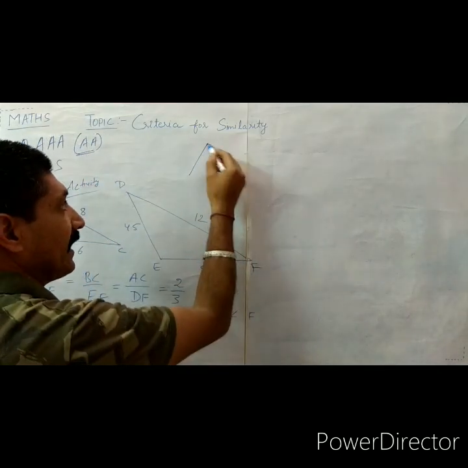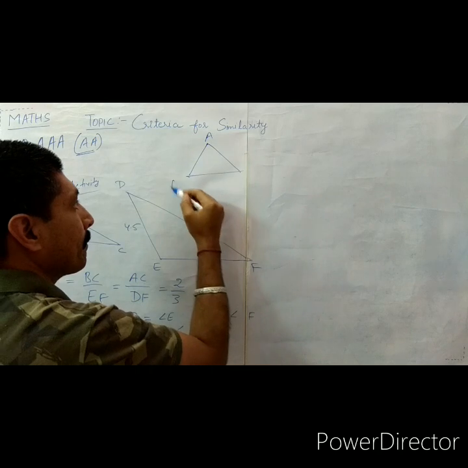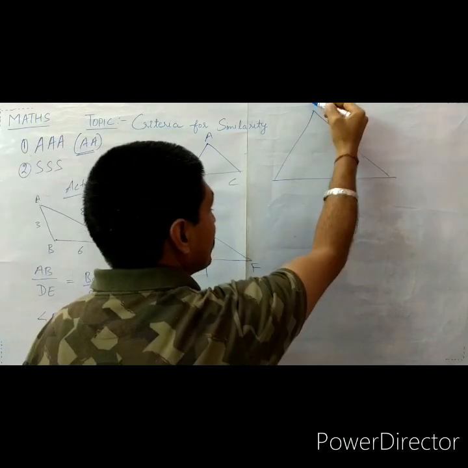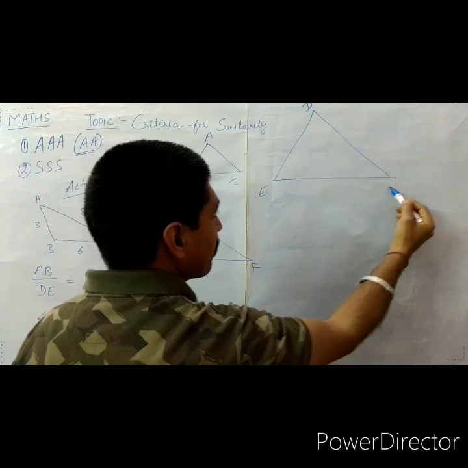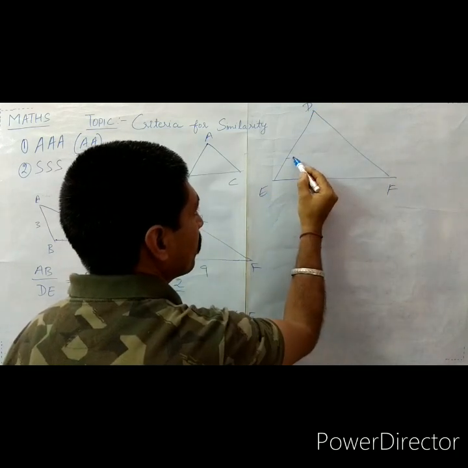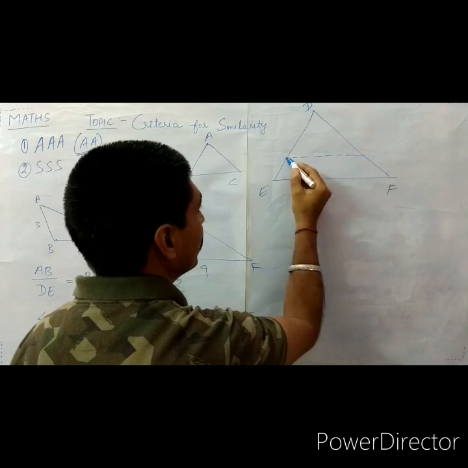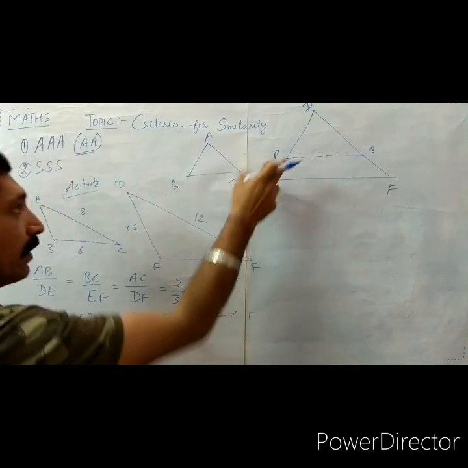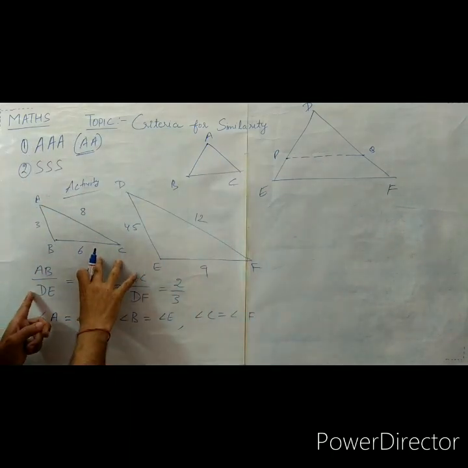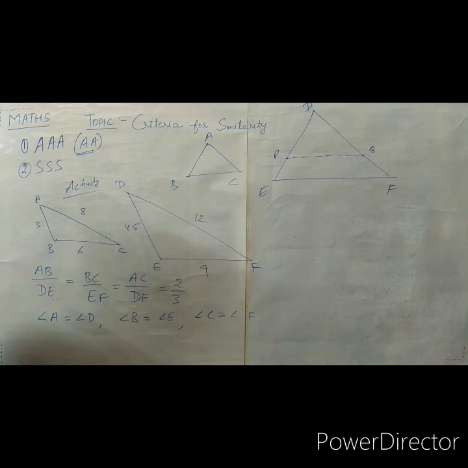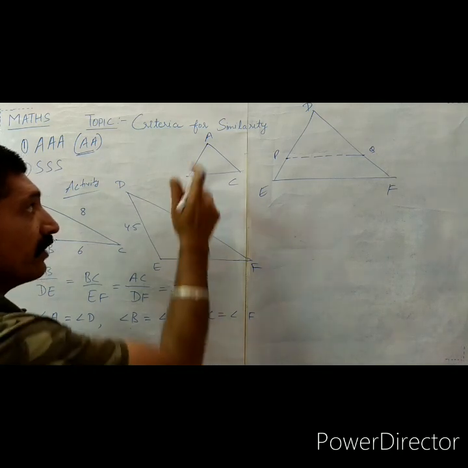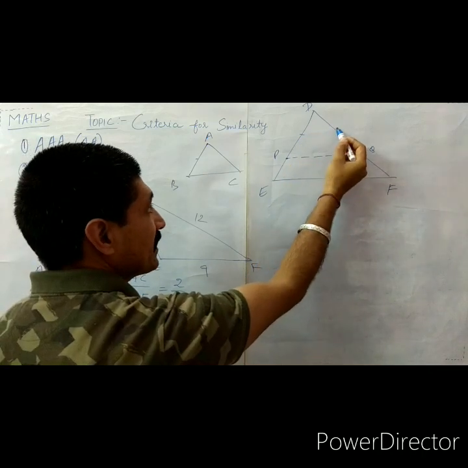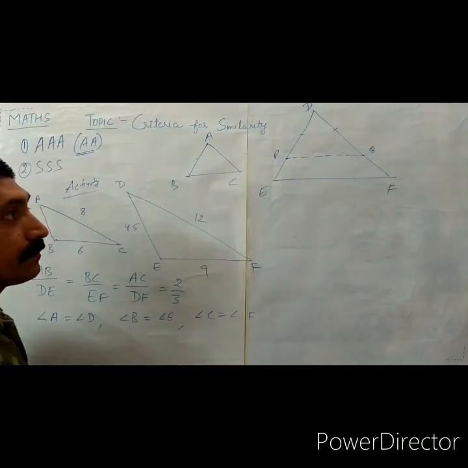We will take a triangle ABC, and we'll draw one more triangle DEF, and with the help of construction we will cut DP and DQ in such a way. Now in these two triangles the ratio of the corresponding sides is given. So here we are taking AB equal to DP and AC equal to DQ.